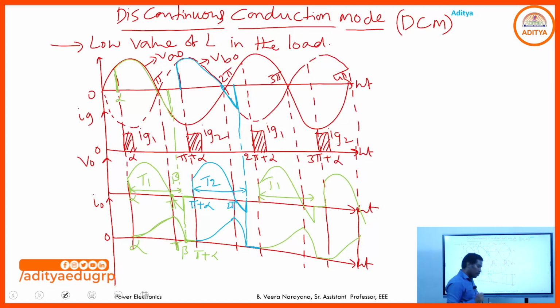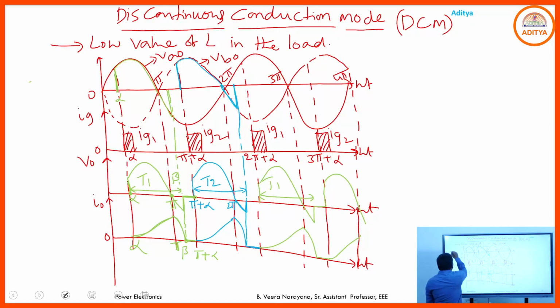In this discontinuous conduction mode, observe here T1 will be on at alpha and it goes to the off state before pi plus alpha. So the conduction portion must be less than 180 degrees. It's very important.